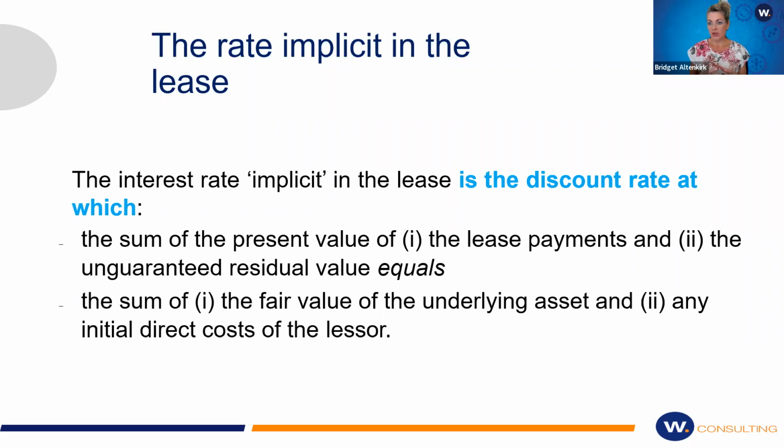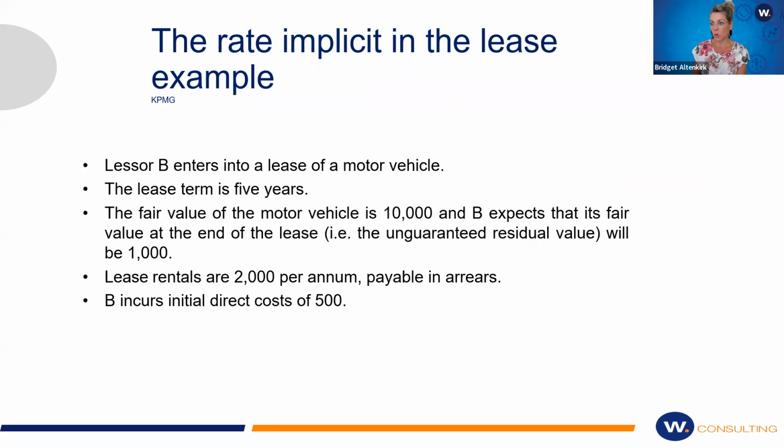To do that, you need to know the present value, which would be the fair value of the asset on day one. Future value would be the residual value guarantee, if any, in this lease arrangement. Payment would be the rentals payable by the lessee to the lessor. The term would be your lease term. If you have all of those inputs, you can solve for I, being the rate implicit in the lease. That is then the discount rate that the lessee should use to present value all those payments payable to a lessor.